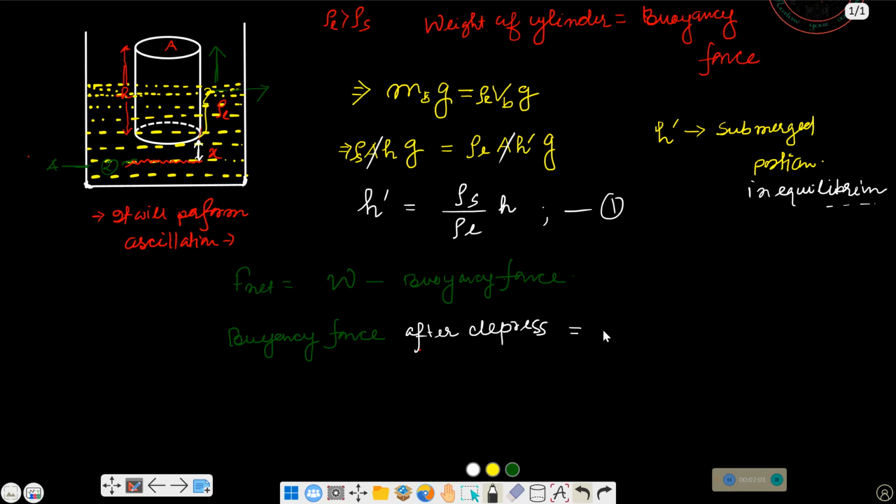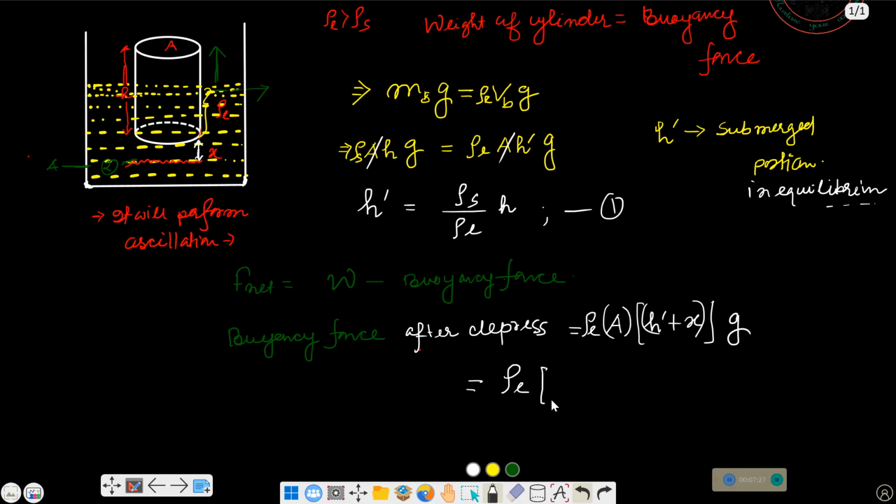It will be equal to rho L A into (H dash plus X) into G, because now the height of the submerged portion of the cylinder will become H dash plus X. Okay, now this will be your buoyancy force at this position when we depress it by an amount X.